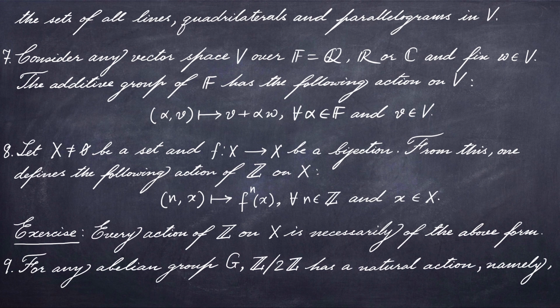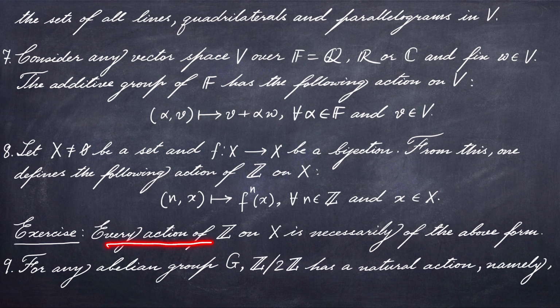The next is basically an action of one of the most familiar infinite groups, Z. If we consider a bijective mapping on a non-empty set X, then that is going to give us an action of Z on X using this map.